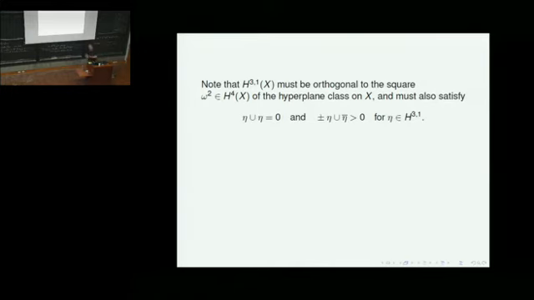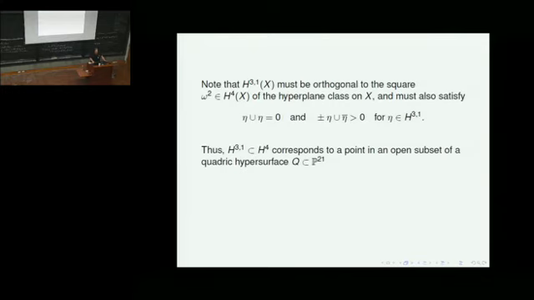In addition, it must have self-intersection 0, because if I take the wedge product of two (3,1) forms, I get 0. And finally, this is the more subtle part, and I don't even remember the right inequality: the cup product of a (3,1) class with its conjugate has a sign. It's either positive or negative, one of the two.